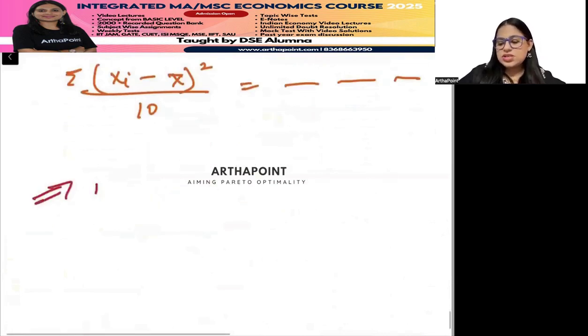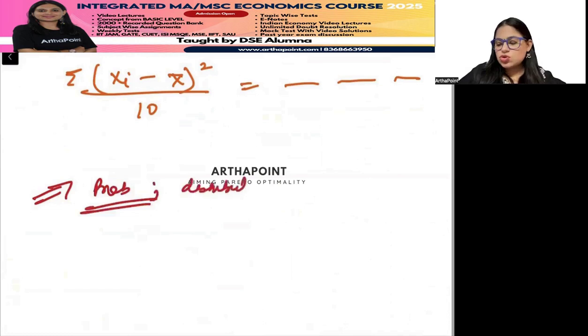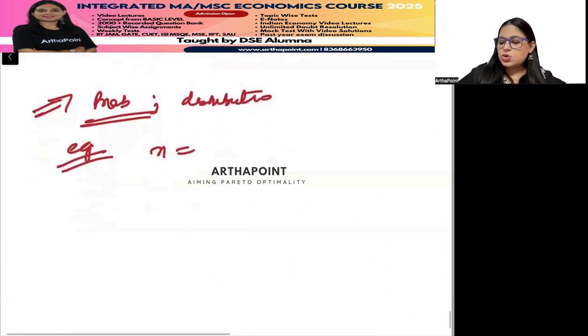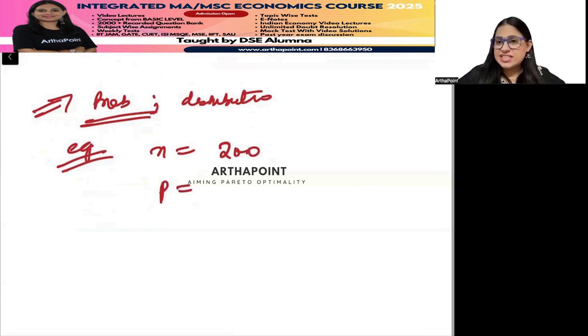Then the next topic is probability, beta. So probability and distributions. If I give you a simple question, that there are 200 observations, and the probability that I will hit a 6 is given to me as 0.5, right? And the probability I will hit a non-6 is given to me as 0.5.